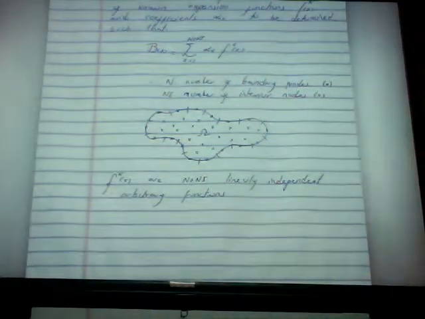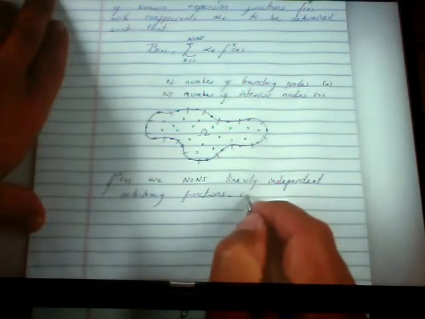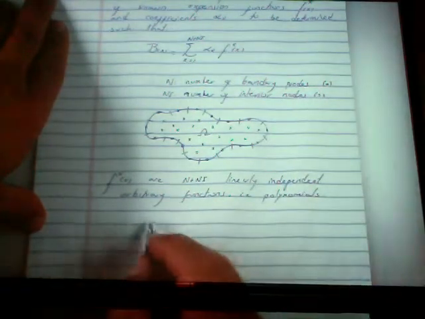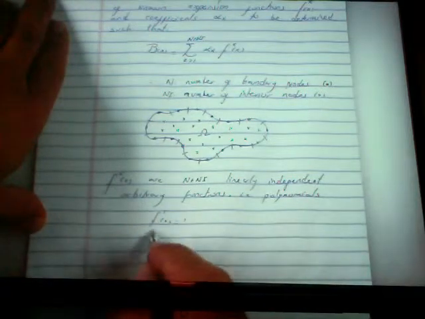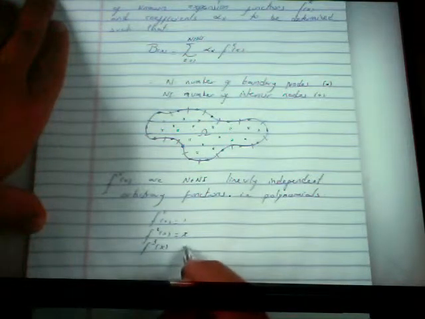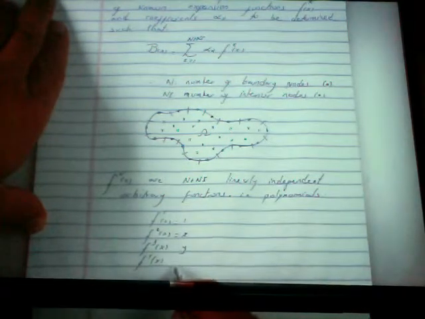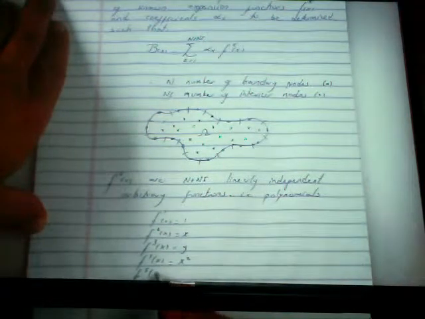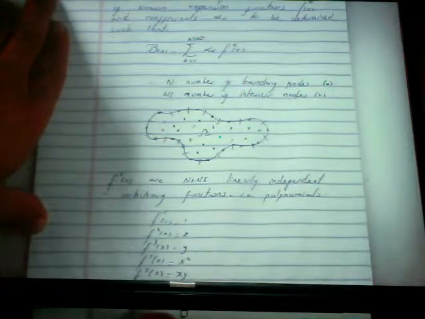Linearly independent arbitrary means that we pick what they are. Again, they can be, for example, polynomials, such that f1 of x is equal to 1, f2 of x is equal to x, f3 of x is equal to y, f4 of x is equal to x squared, f5 of x is equal to x times y, f6 of x is equal to y squared, and so on and so forth.